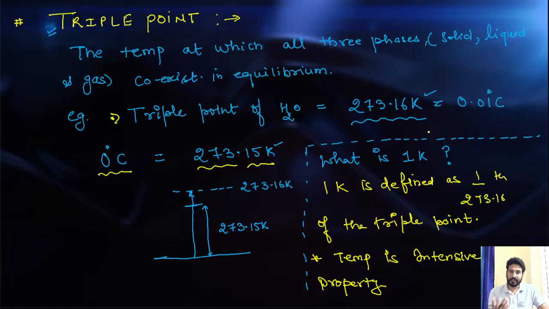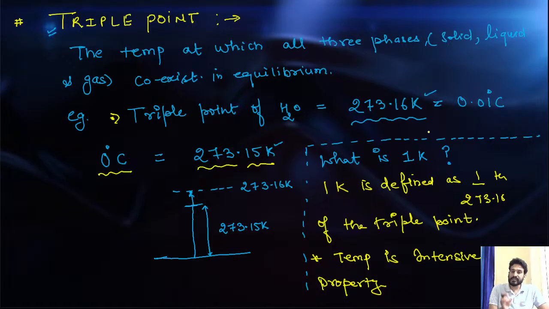Mathematically we can say the number is not significant, the difference is not significant, but conceptually the difference is very big. At 0 degree Celsius, the water may be only in the ice state, or you can say only in the solid state, right?